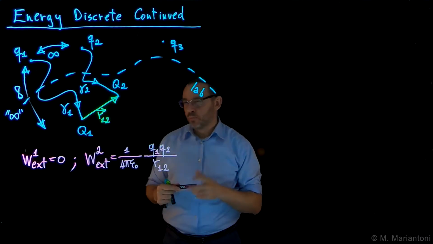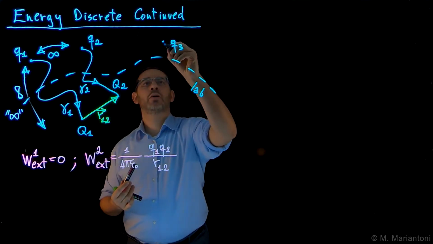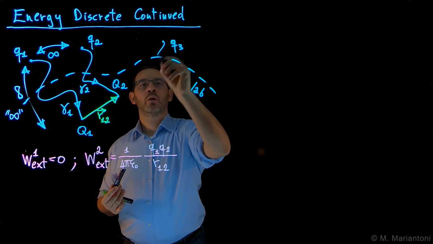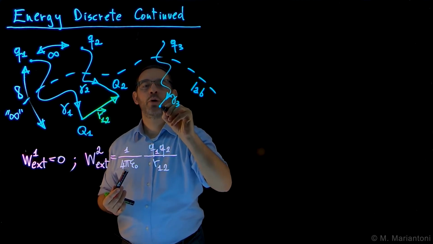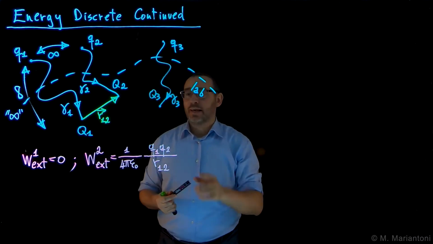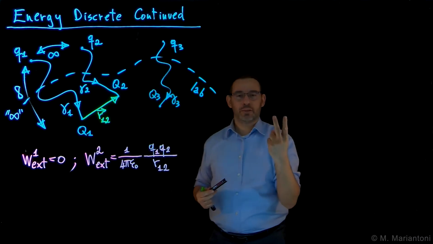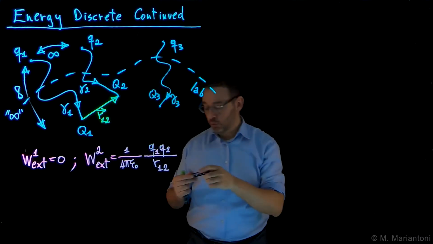Finally, suppose that we want to bring in also our third particle, q3, along any path, gamma 3, to a point capital Q3. In this case, this particle feels two electrostatic fields, the one due to q1 and the one due to q2.